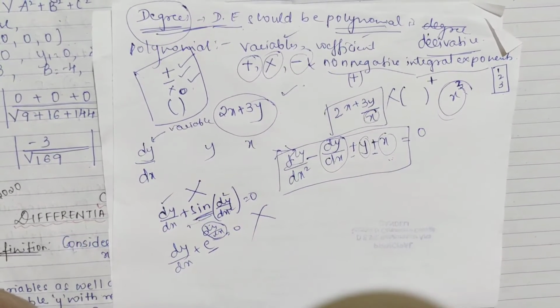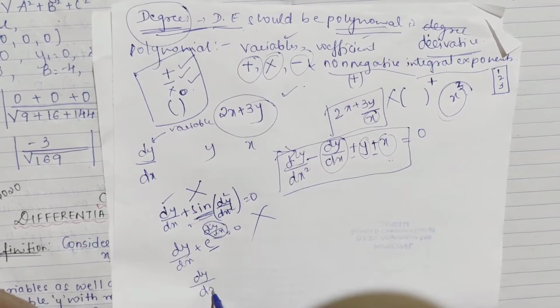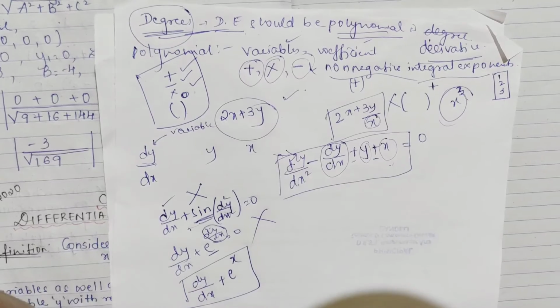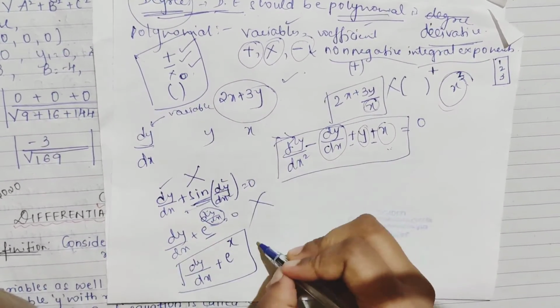But if you have dy by dx plus e raised to x, in this you can find the degree. Why?